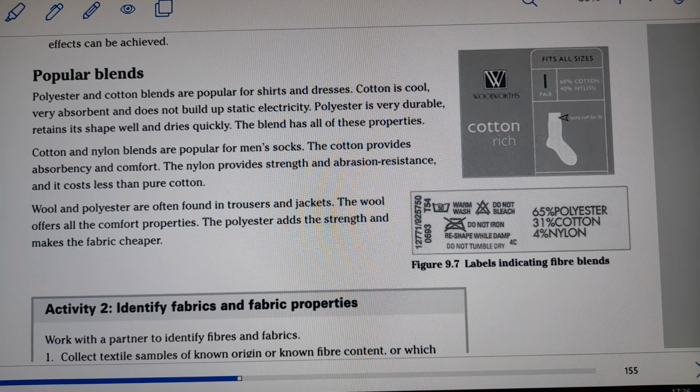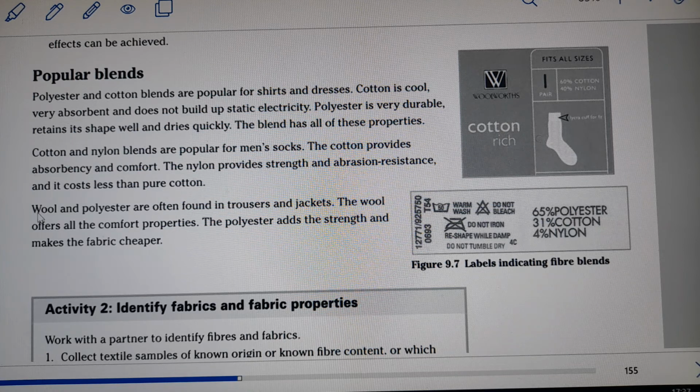Cotton and nylon, that's another blend. The first one is polyester and cotton. The second one is cotton and nylon. Blends are popular for men's socks. You see socks there. The cotton provides absorbency and comfort, while the nylon provides strength and abrasion resistance, and it costs less than pure cotton.